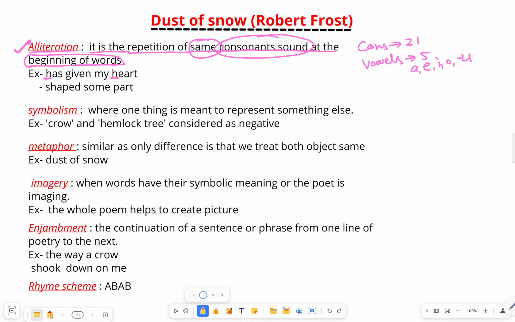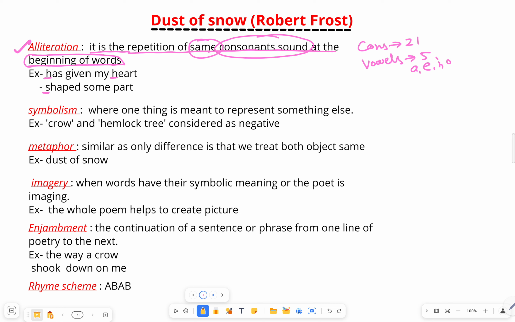Are you getting the point? The next one, 'saved some part', 'saved' and 'some', S. Here it becomes alliteration, the repetition of the same consonant sound at the beginning of the words. Are you getting the point? So this is what we have to understand. This is very simple.